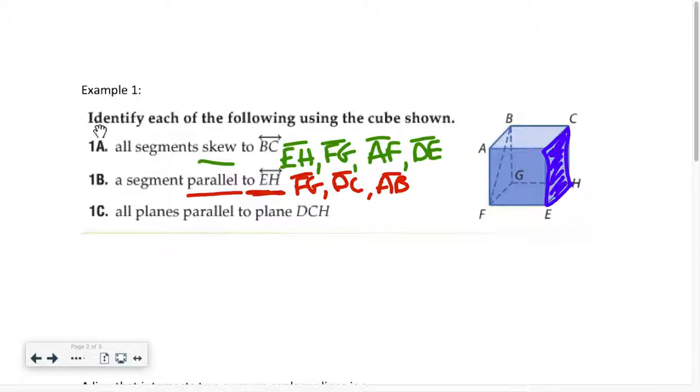So the plane that would be parallel to DCH, of course, would be the side of the box that is opposite ABG, AFG, ABF, okay, just that side that's opposite it there. Plane, let's go with ABG, how we named it first, ABG. Of course, when naming a plane, you can use any three non-collinear points on that plane to name it. So that's example one.